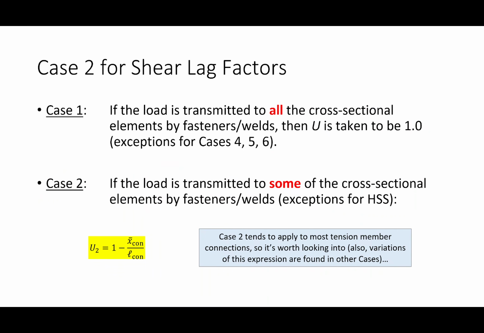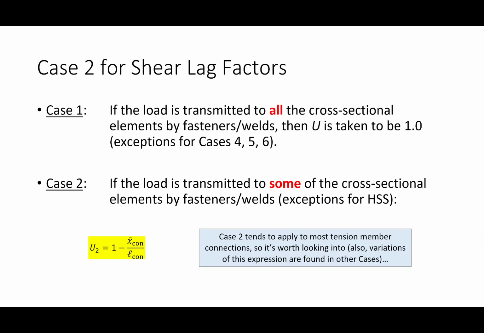So here's the table, and what I've got here is case 1 and case 2, and I paraphrased it a little bit, but if you read the language in case 1 and case 2, there is actually a very explicit difference.